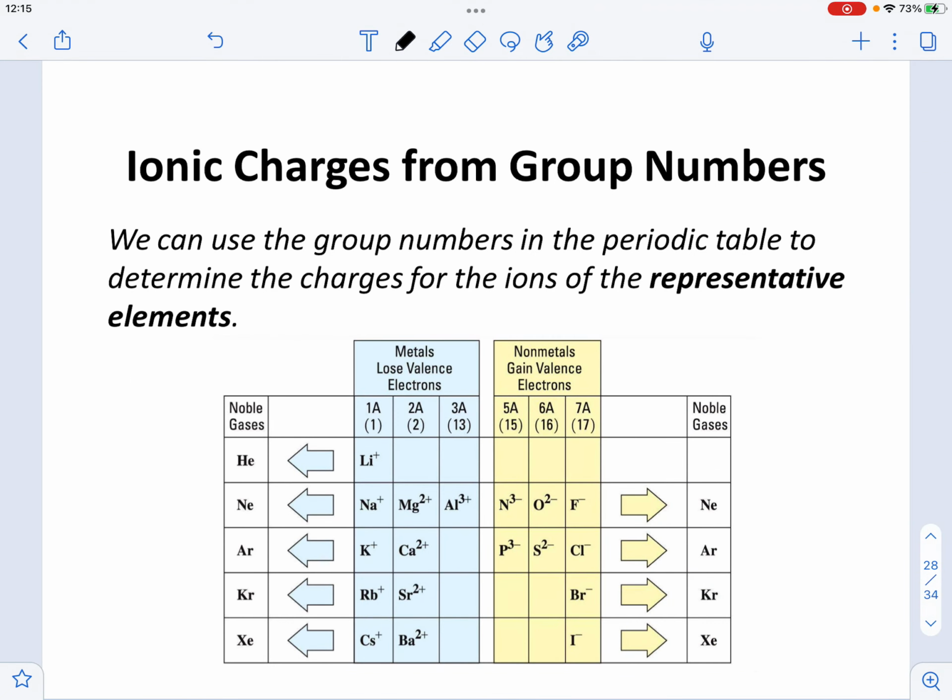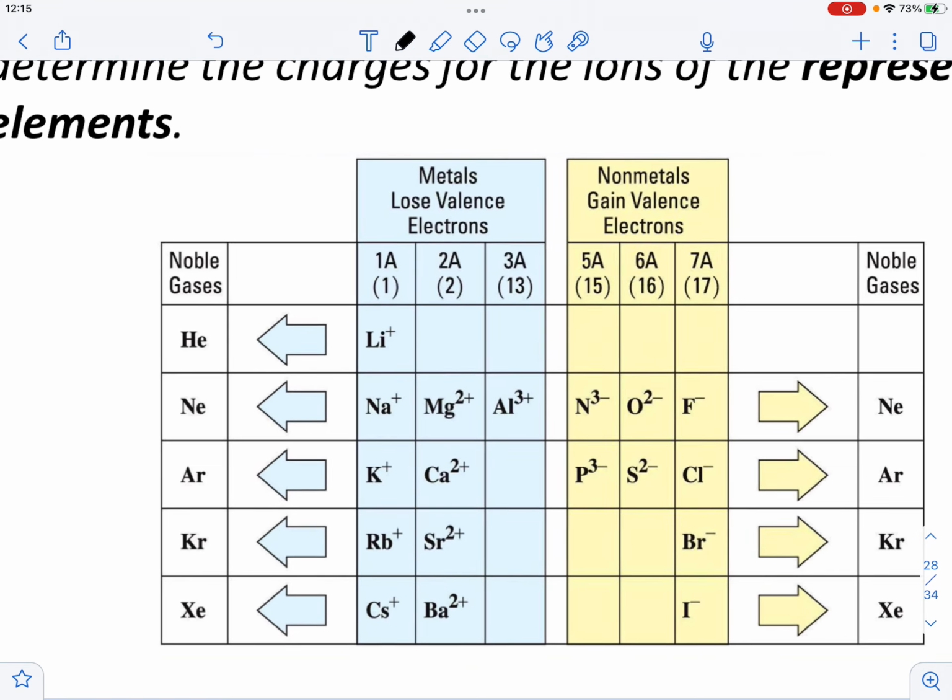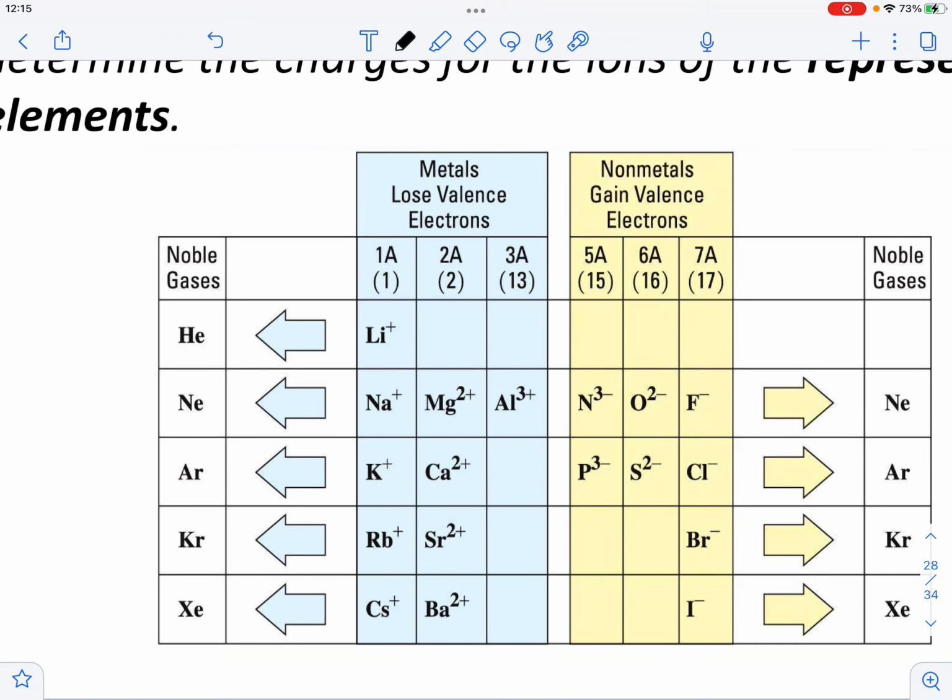In the following table, we have illustrated that the group number in the periodic table can also give us insight into that. Because, as you can see towards the left of this image, metals are going to lose valence electrons. The metals that are in 1A are always going to lose one electron. That's why they become +1 charge. When it comes to the 2A elements, they lose 2 valence electrons.